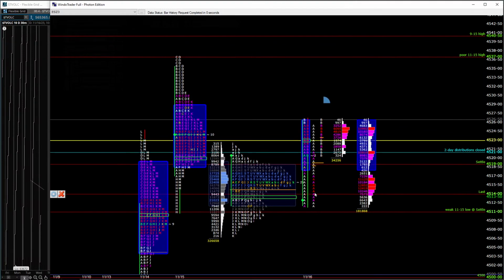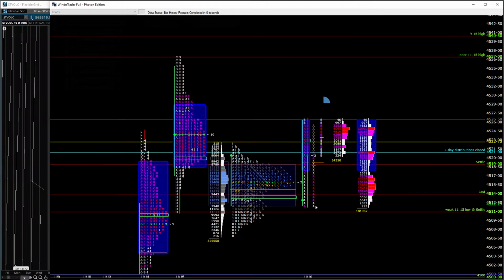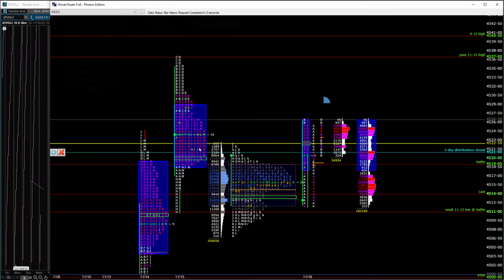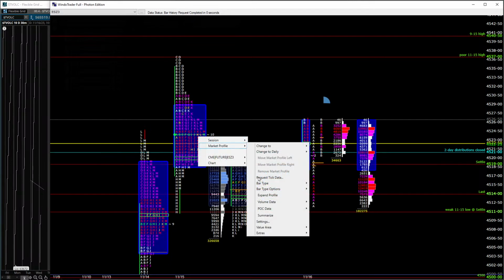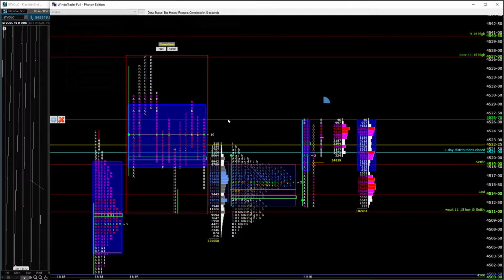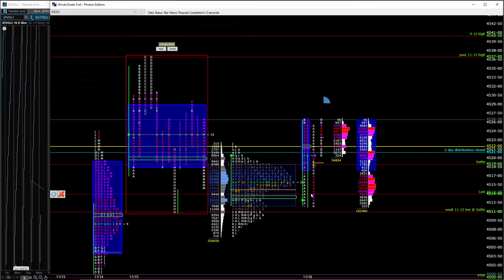This trade now is still following yesterday. This time frame from yesterday is still okay.